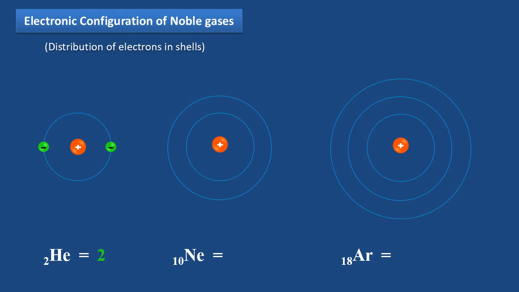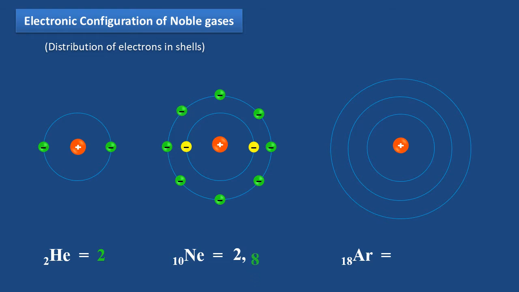2 electrons of helium are present in its first shell, which is also its valence shell. 2 electrons of neon are present in first shell, while in the valence shell we have 1, 2, 3, 4, 5, 6, 7 and 8 electrons.